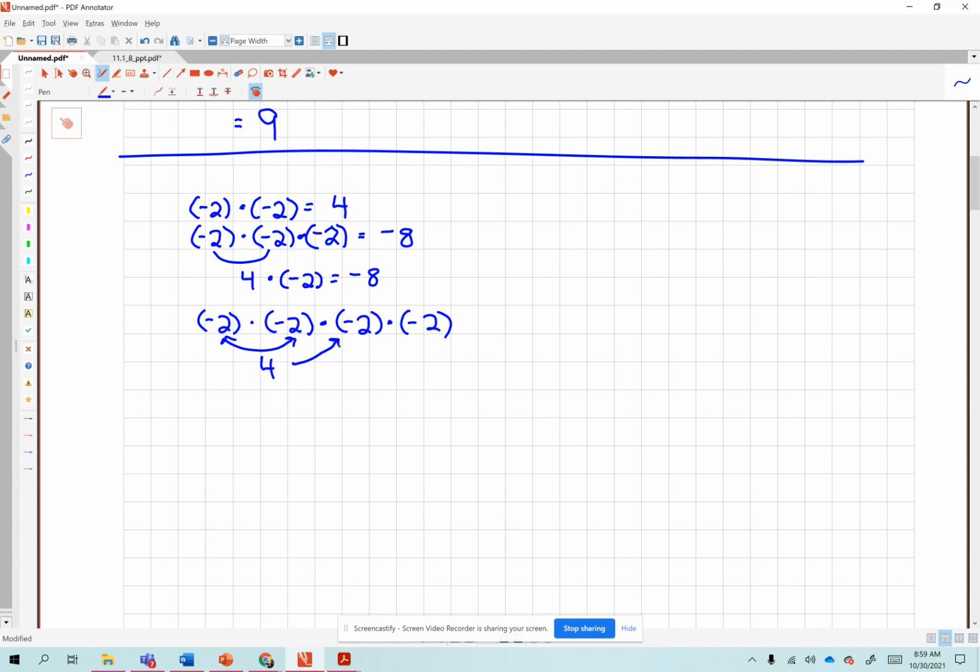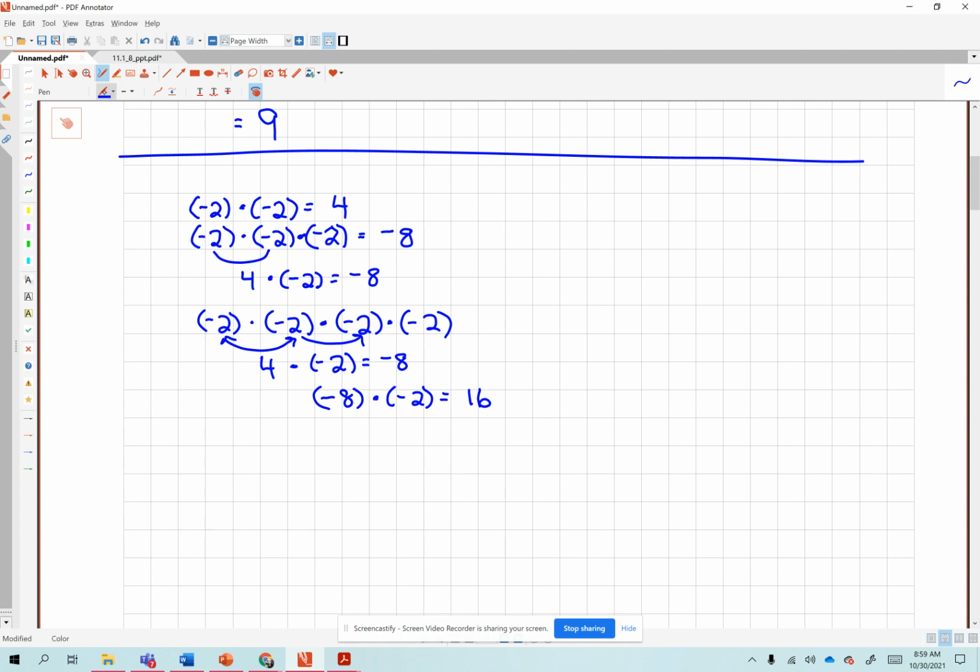And positive 4 times negative 2, let's write that so we can easily see what's going on, equals negative 8. Now we have that negative 8, and we need to multiply that by negative 2. And that will be positive 16.